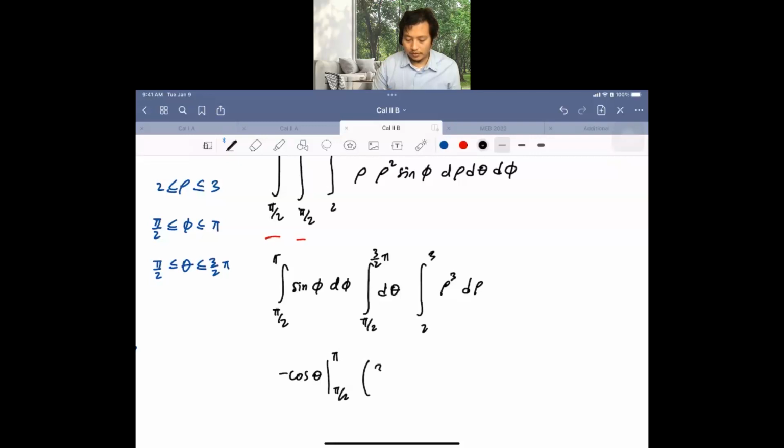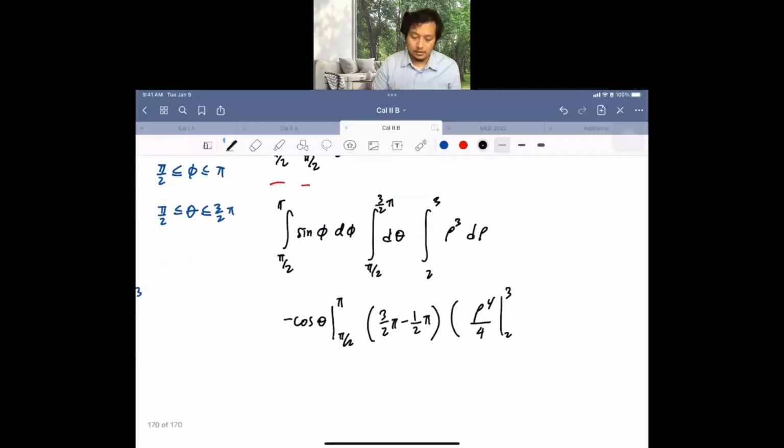This will be 3 over 2 pi minus 1 over 2 pi. This will be pi over a rho with power of 4. And this will be pi. This is 1 pi, and this will be 81 minus 16 divided by 4. This will be equal to 65 over 4.